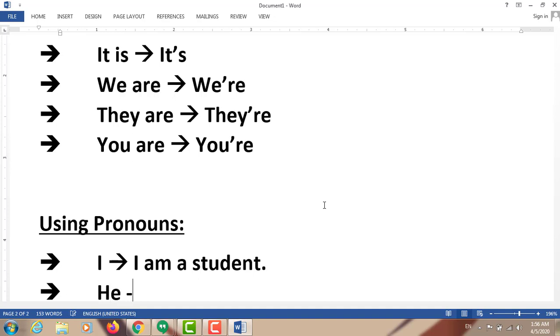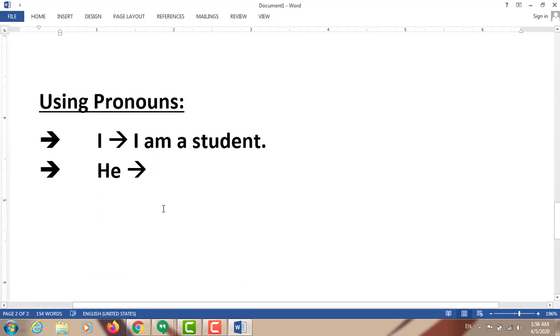Next one is he. He is used to point out a male. A male means a boy or a man, so the gender must be male. For example, you say, "He is a handsome teacher."